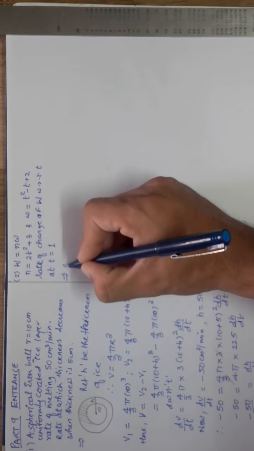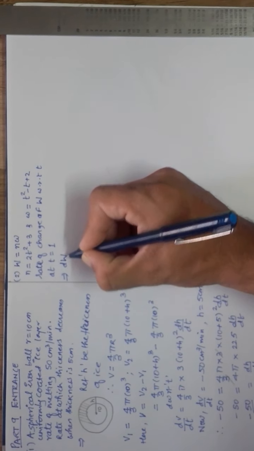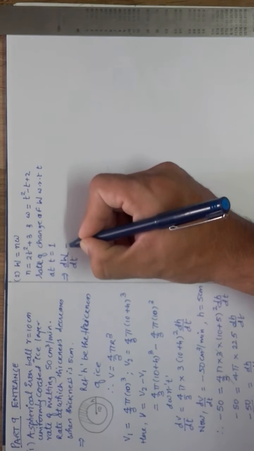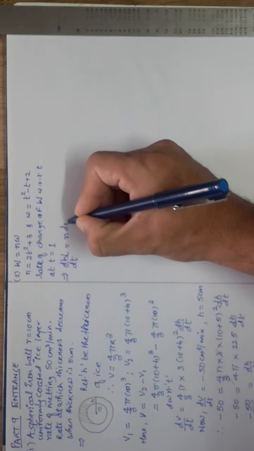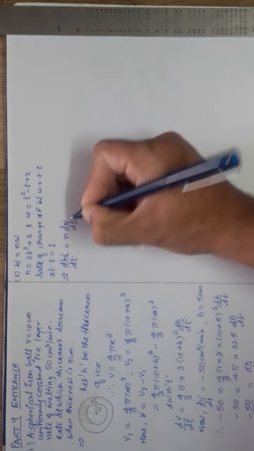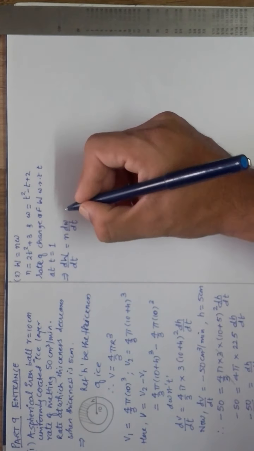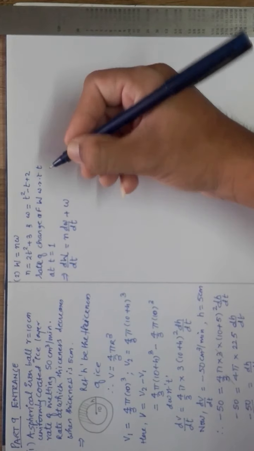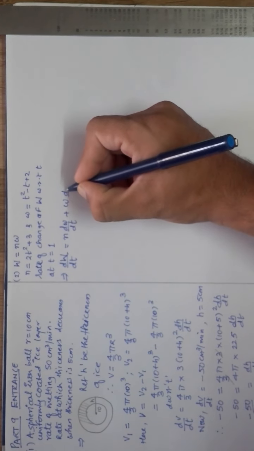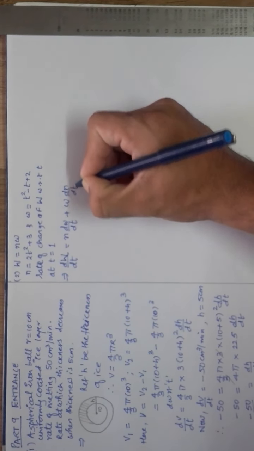So you will get here dW/dt is, by the u into v rule, N dw/dt plus small w into dN/dt.